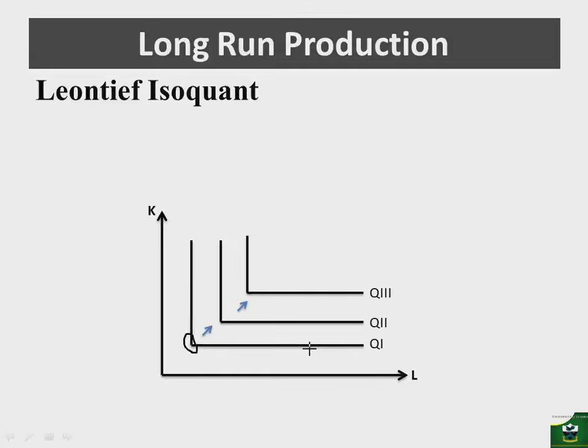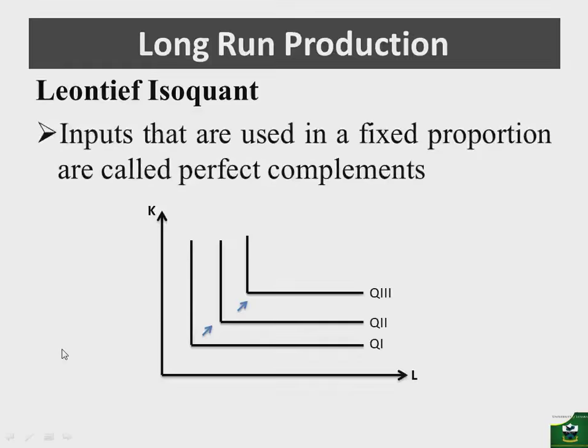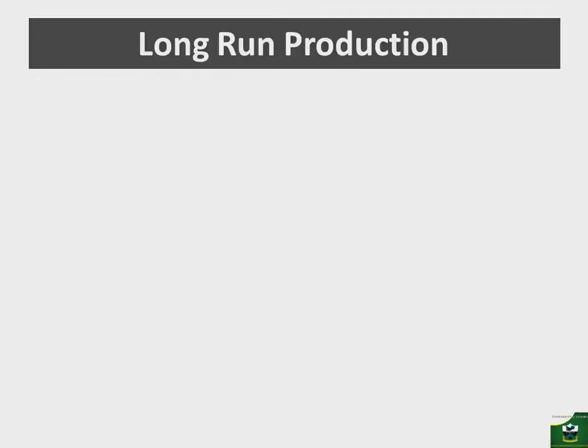If you have 6 wheels and 1 frame, it won't make you produce 3 bicycles. You'll still produce 1 bicycle. Therefore, the point of activity in the Leontief is at the corner. Anything beyond that will not make any sense to the production process. So inputs that are used in a fixed proportion are called perfect complements.